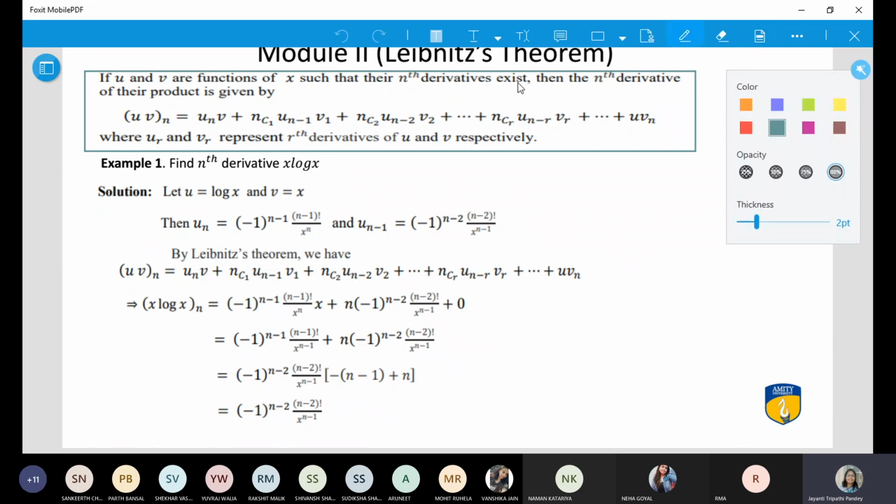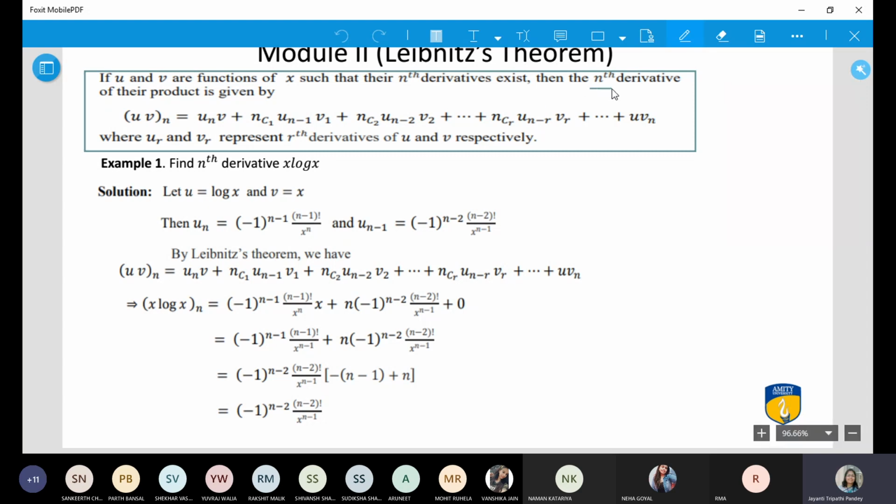This theorem is applicable when you are trying to find the nth derivative of product of two functions by the knowledge of nth derivative of one of the functions. Alright? The theorem is understood or not?